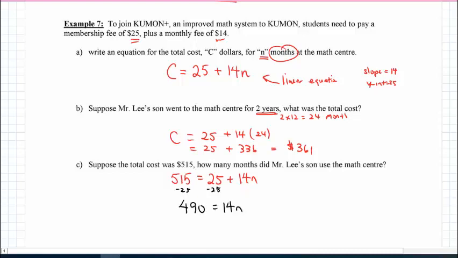And then finally divide both sides by what? 14? Yeah. 490 divided by 14, I know this. That's 35. So how many months? 35 months. That's almost 3 years. Wow.